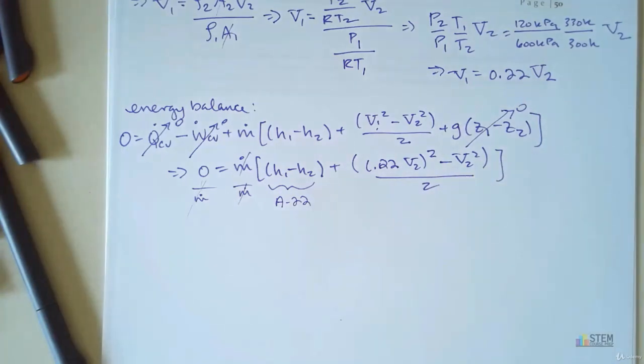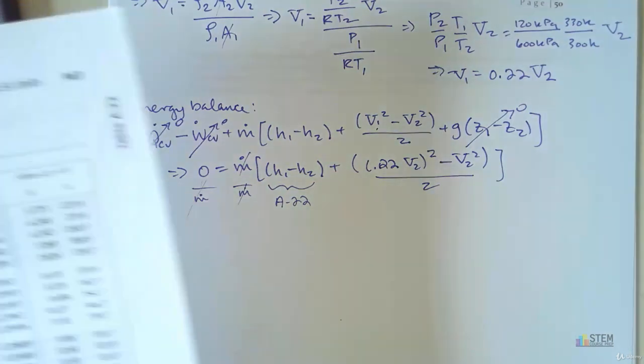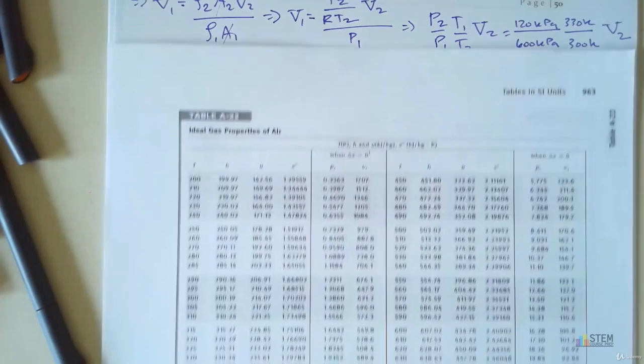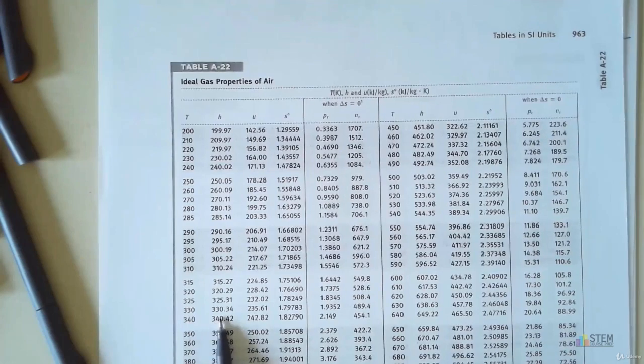Now if we go to that table and we use our temperatures, actually we don't need pressure, we just need temperature. This is what the table looks like. Remember, we are at a temperature of 330 Kelvin. So h at 330 Kelvin is going to be 330.34.